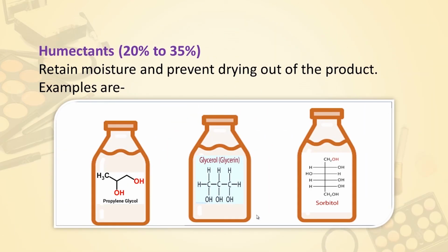Humectant is used in a very high percentage, that is 20 to 35%. It retains moisture and prevents drying out of the toothpaste, and thus imparts elasticity to the product. They prevent loss of water and subsequent hardening of the paste when it is exposed to air.